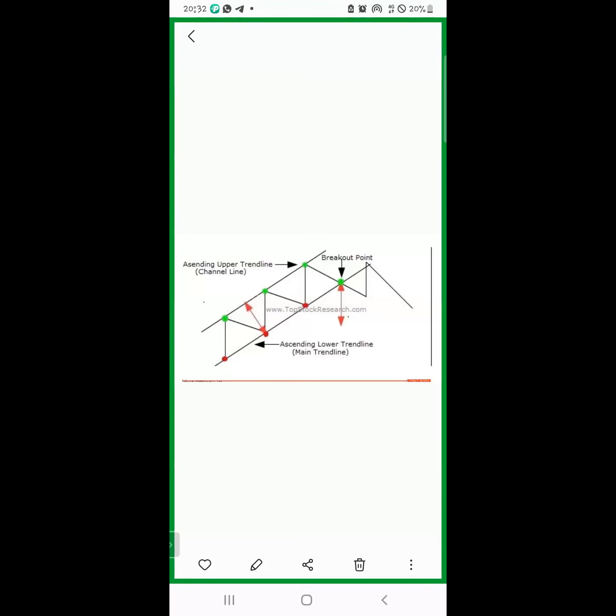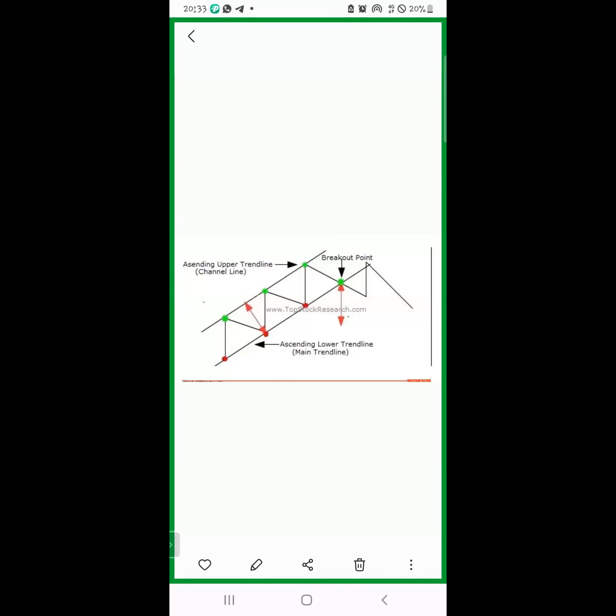The other thing is, we also have small channels inside the channel or outside the channel, which we call continuous patterns. We use them for our re-entries, and only for re-entries.